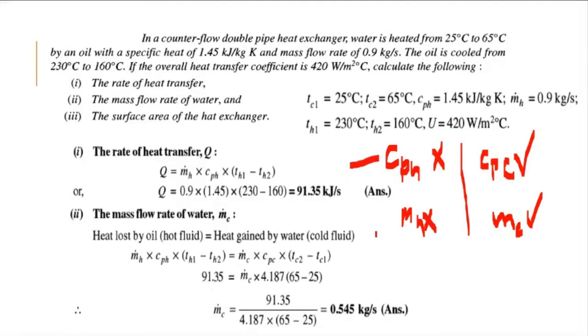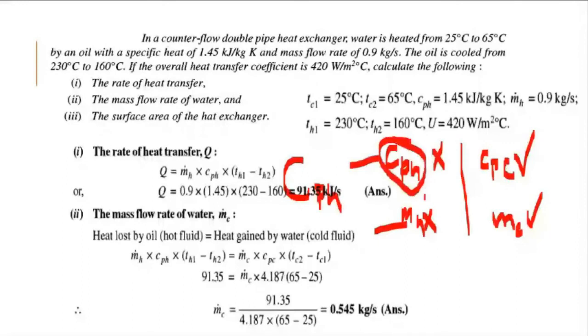See, if both the values are not given, you cannot find both the values separately. One of the values must be given to you. Then you can simply find out the capital CPH value. So we need not refer to the data handbook and find out CPH separately. If they want you to refer to the data handbook, they are not going to ask you to find the CPH value in the question.